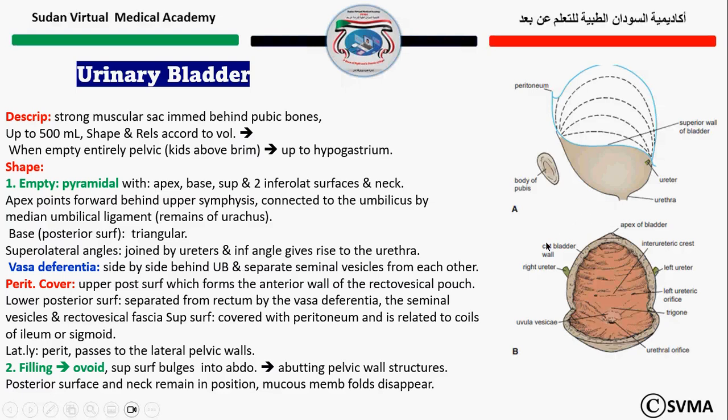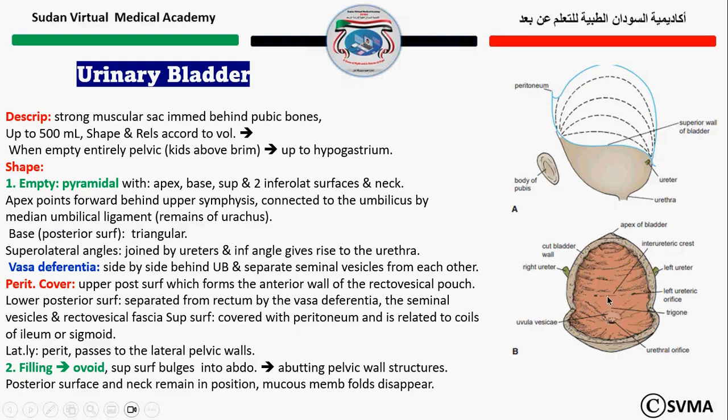It becomes distended when the bladder fills up except for the trigone. The trigone is always flat لأنه الميوكس membrane بتاعه is stuck with the muscle. والtrigone is formed by the 3 angles of the 2 ureteric orifices and the urethra.